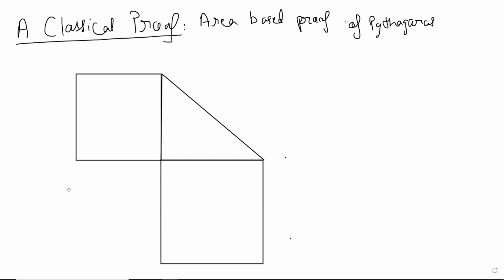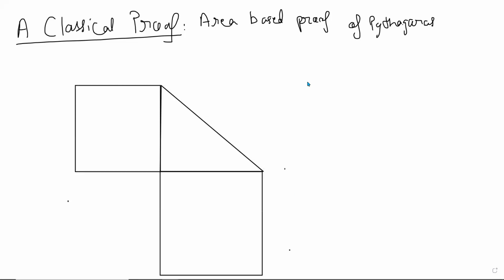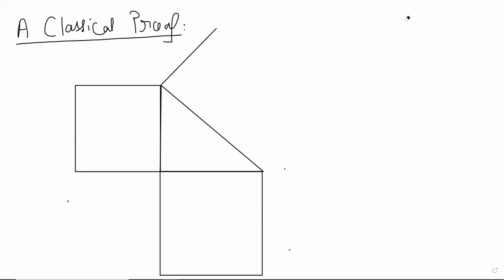So you guys know this, right? That now the area of the third square, let me just remove this, will be equal to the area of the other two squares.